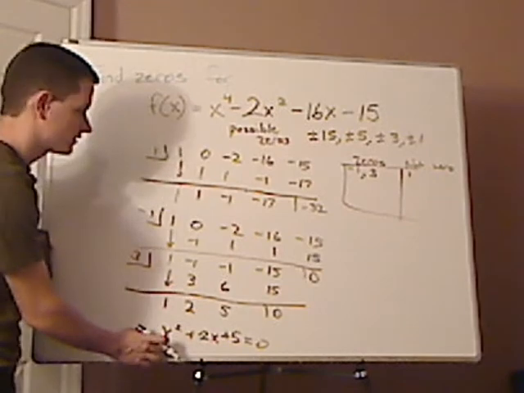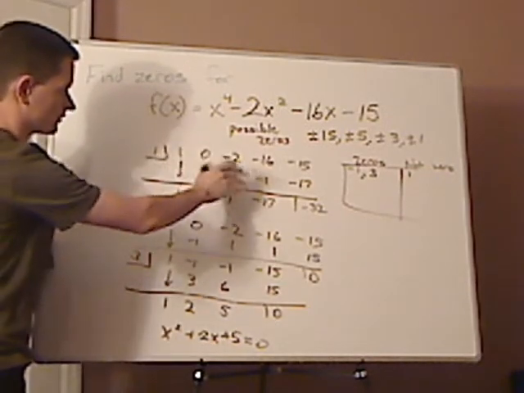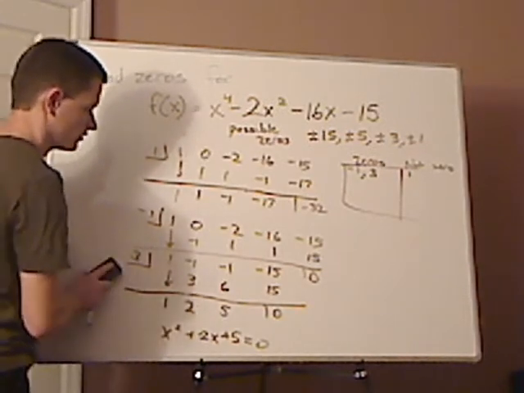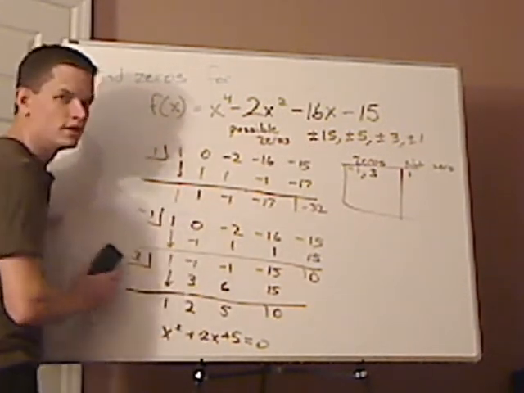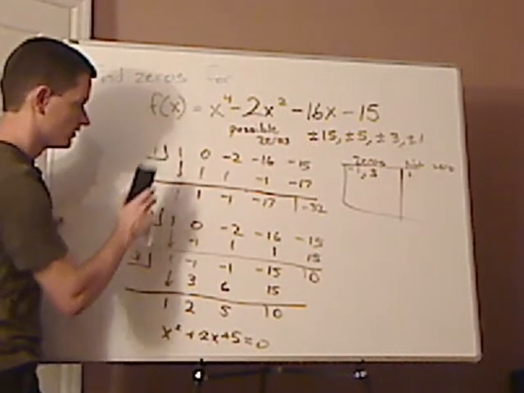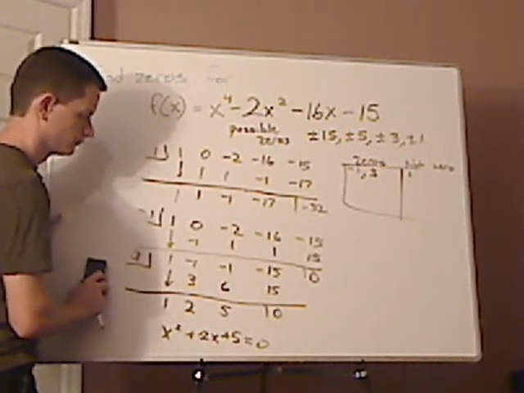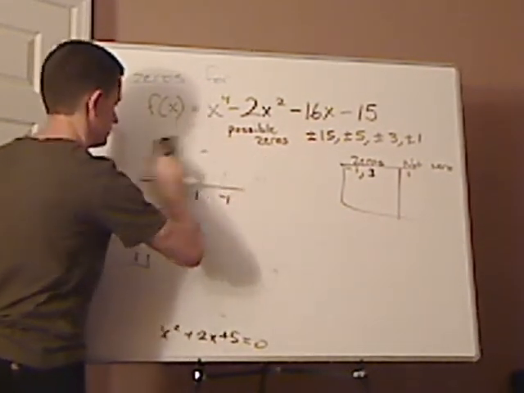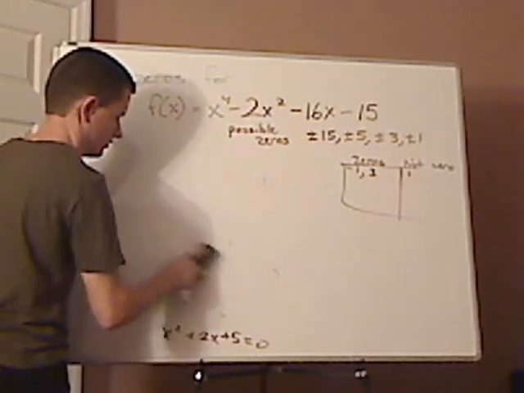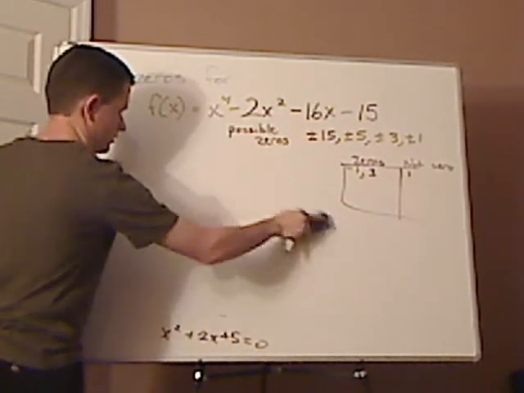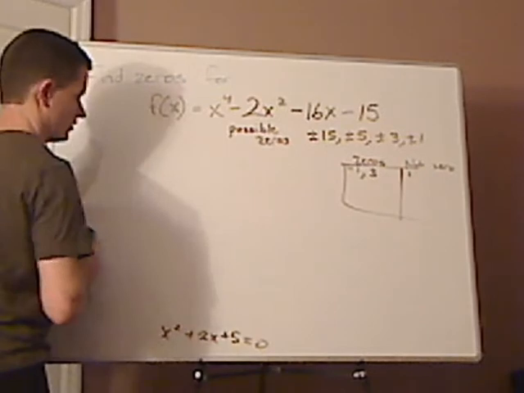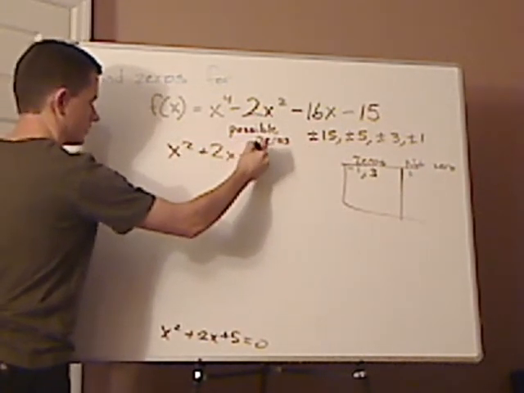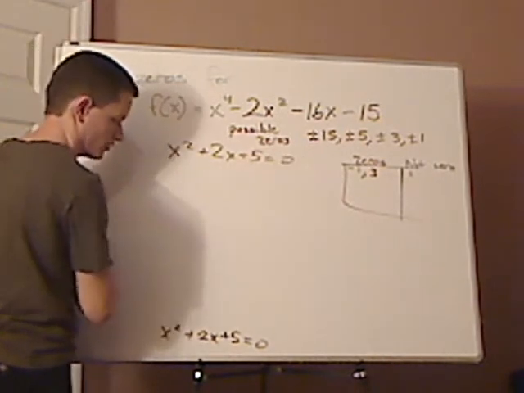Now I can take this, and instead of just guessing, I can use a quadratic formula. So let me erase this. You might have to pause the video and write this down. Okay. So I have x squared plus 2x plus 5 equals 0.